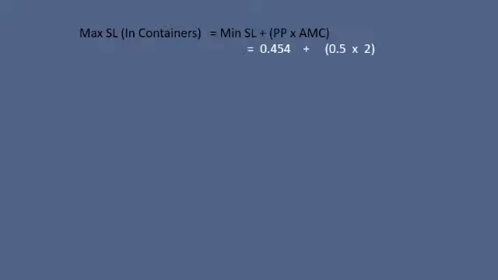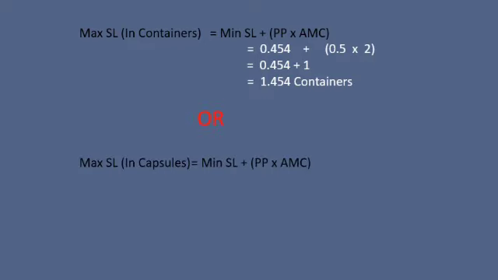You fill in the right figures, you do the calculation, and you get the answer as the maximum stock level will be 1.454 containers. Same way, you can also calculate the quantity of capsules as shown here.